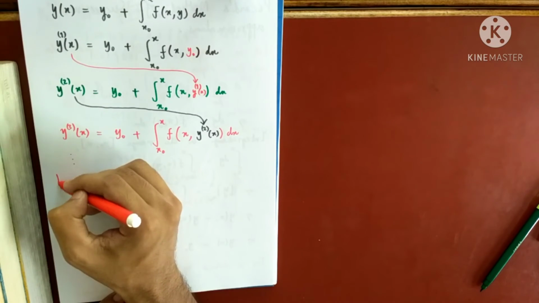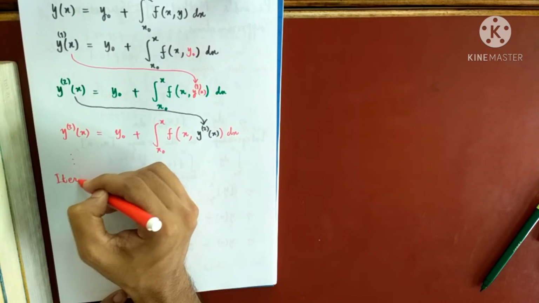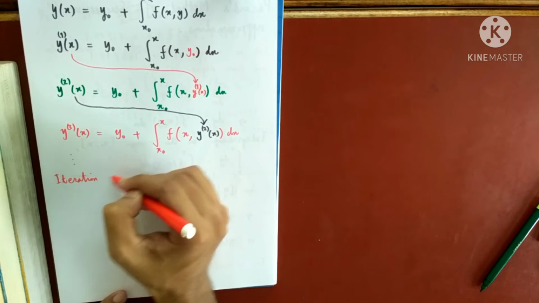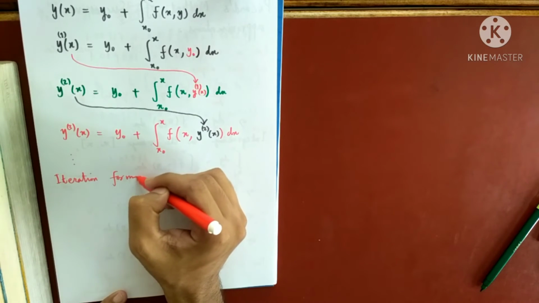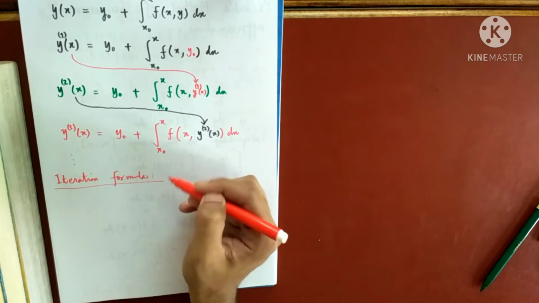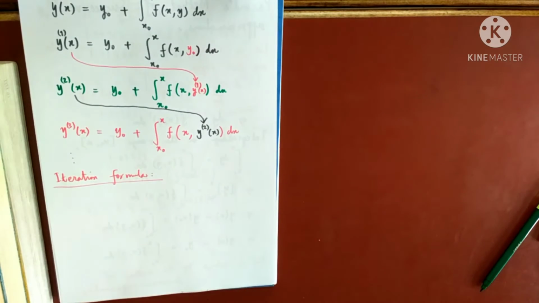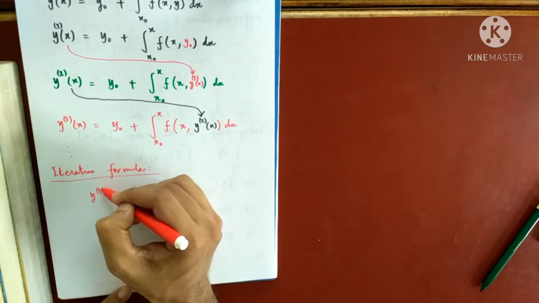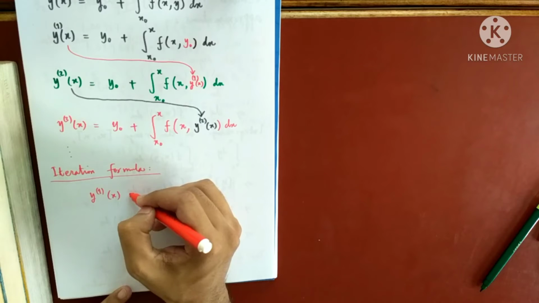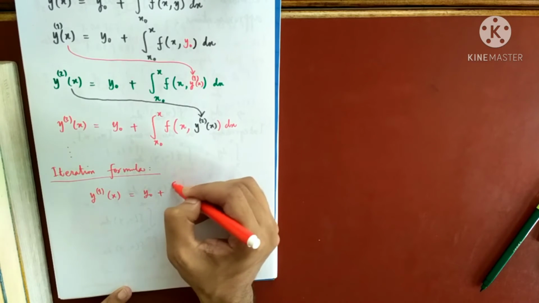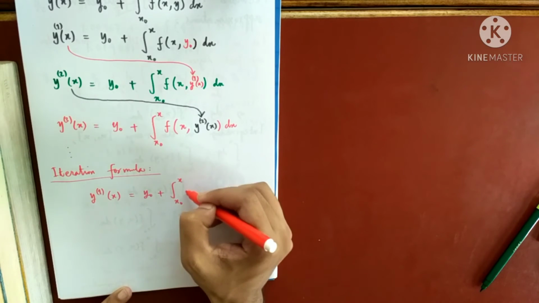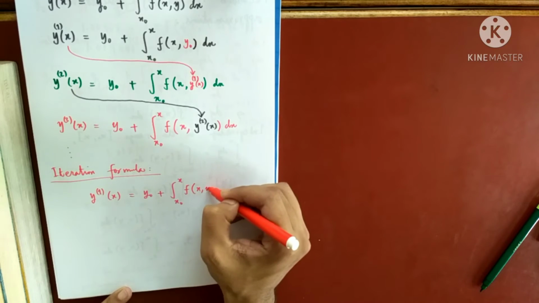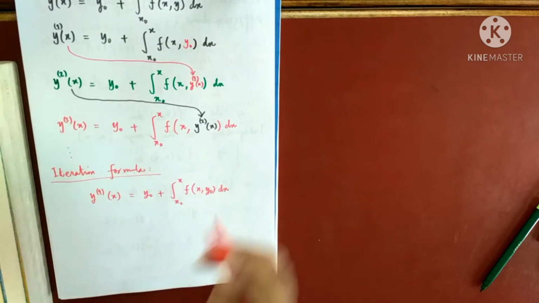So what is the iteration formula for Picard's method? Here is the iteration formula, as you can see. The first iteration is y naught plus integration x naught to x f of x comma y naught dx, and don't forget this.